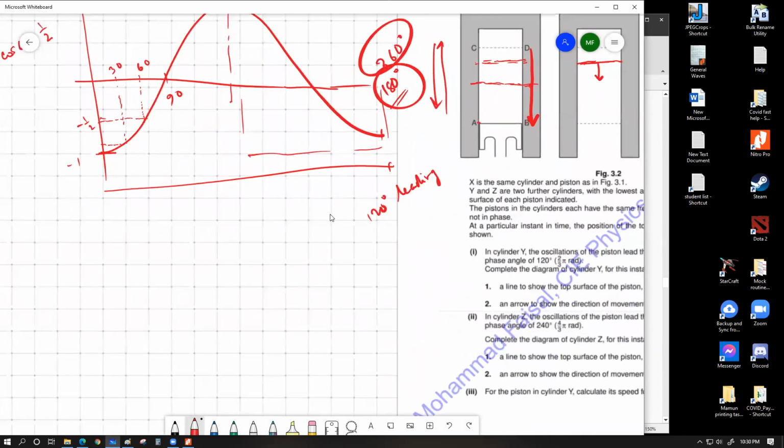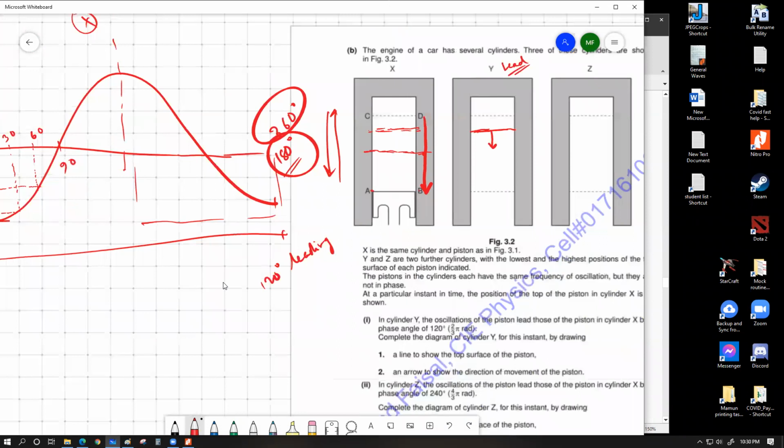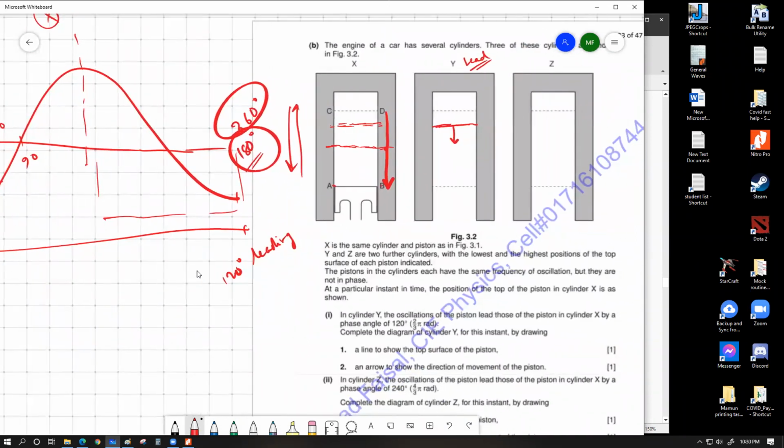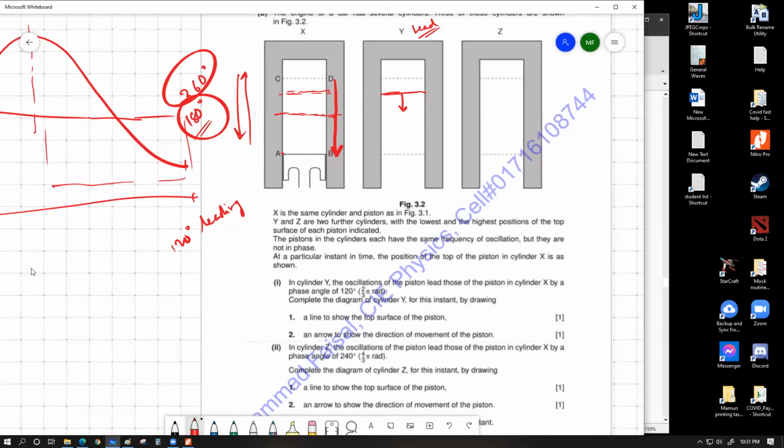How do I solve this now? I got the position correct, but I have the arrow opposite.